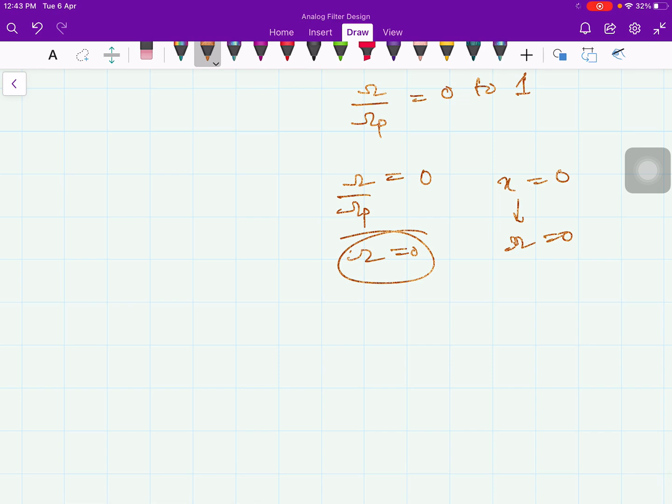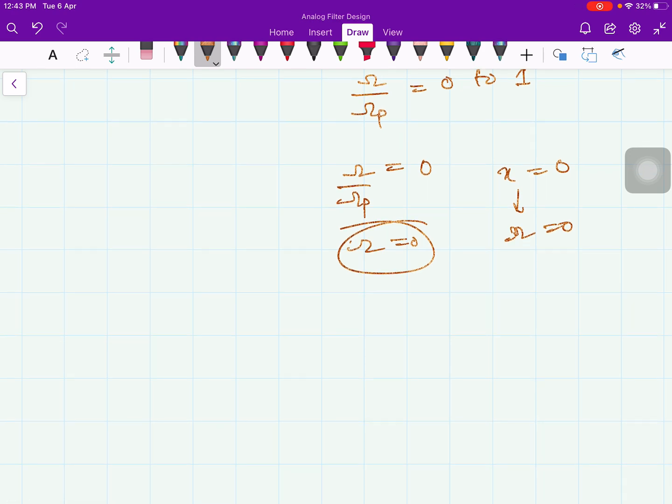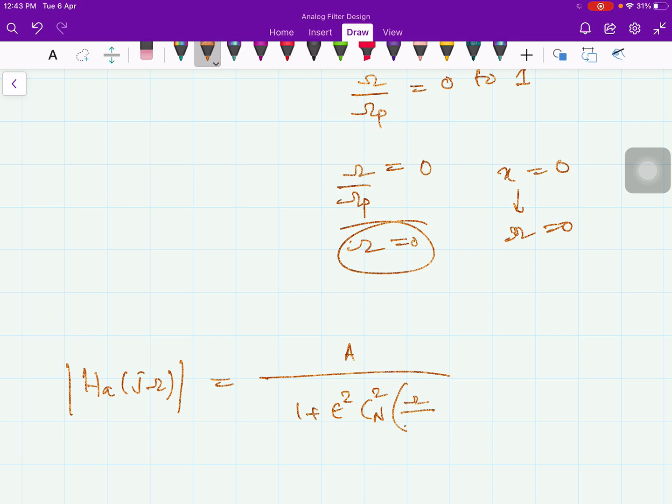Therefore if we consider the transfer function, the magnitude of HA of j omega is equal to A divided by 1 plus epsilon squared Cn squared of omega by omega p. Why did I put a 2n there?